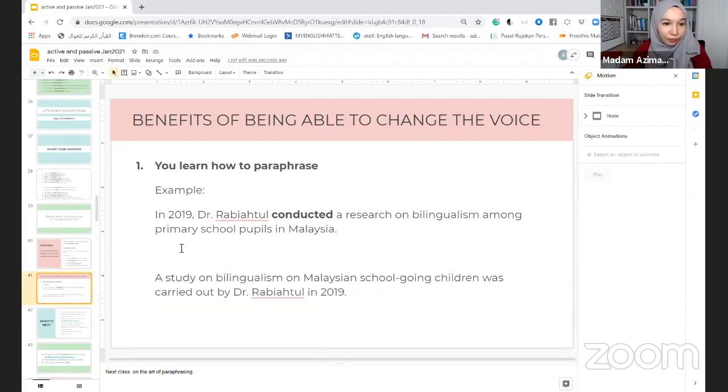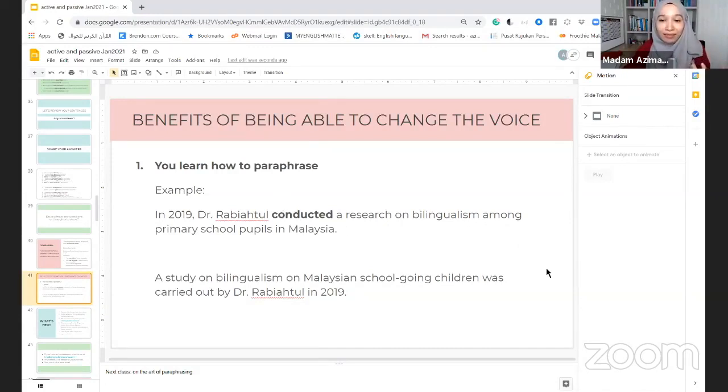All right. But I want to end on this note. The benefit of being able to change the voice from active to passive, passive to active, is that you learn how to paraphrase. For example, a sentence like: in 2019, Dr. Rabiatul conducted a research on bilingualism among primary school pupils in Malaysia.